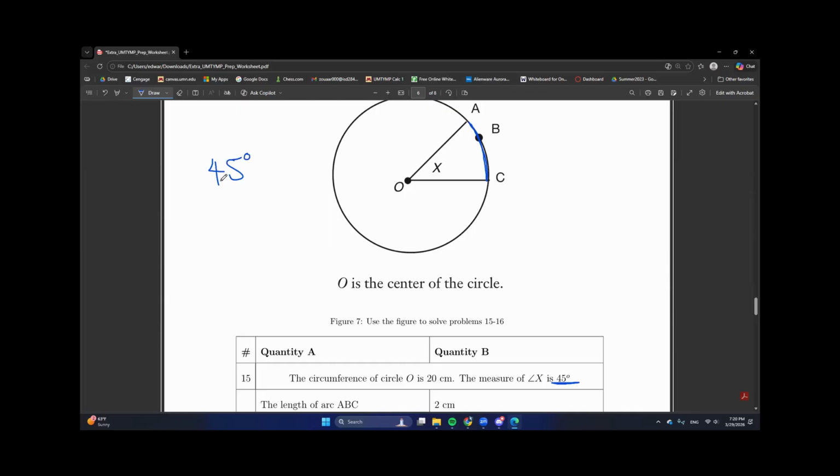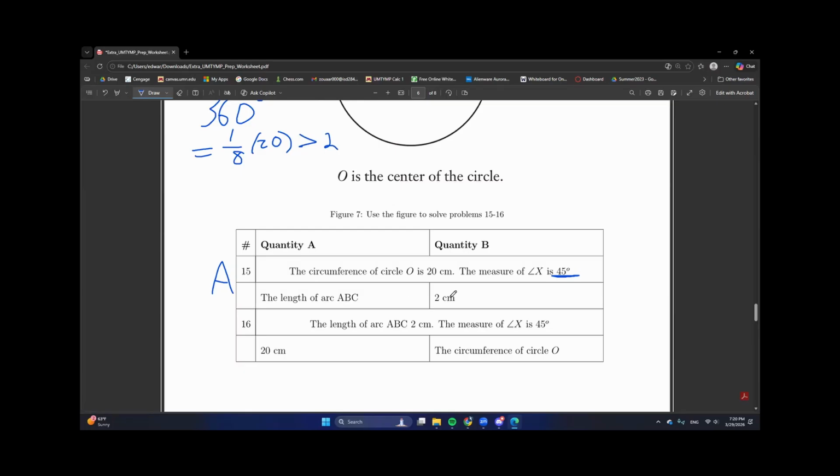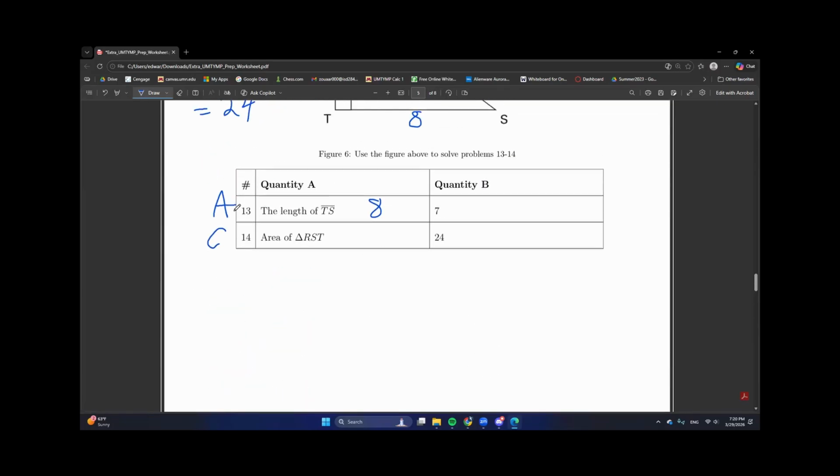All we have to do is 45 degrees divided by 360 degrees, because 360 degrees is the whole turn, multiplied by the circumference, which is 20. And this turns out to be 1/8 of 20, and this is greater than 2, right? Because 2 is 16 over 8. So we know that the answer must be A. So I'll say this is greater than 2. What was 13 and 14? A and C.